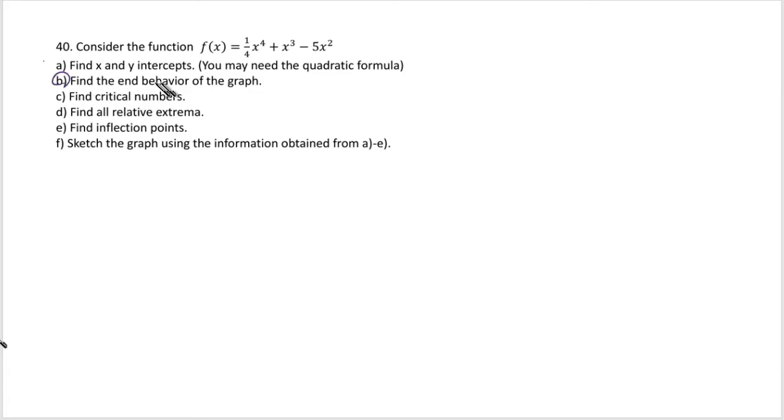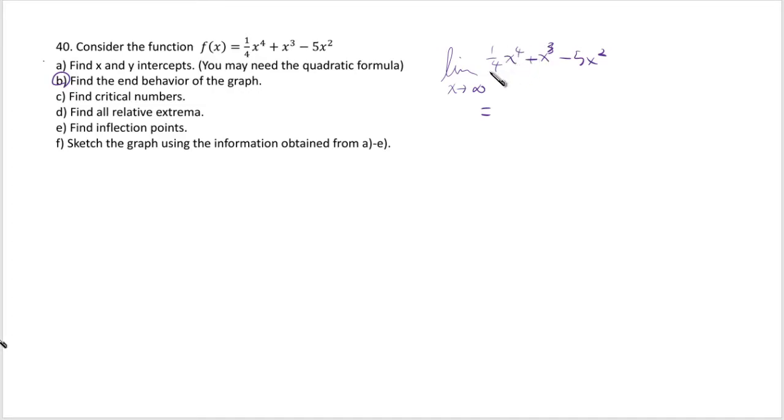Now for the end behavior of the graph, you're looking for the limit as x goes to infinity. Okay, if you plug in a very large number into x, let's say 1,000. 1,000 squared is 1,000,000. 1,000 cubed is 1,000,000,000. 1,000 to the fourth power is 1,000,000,000,000.